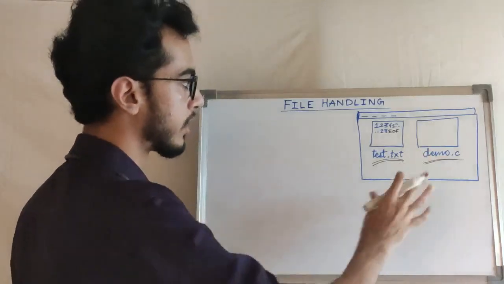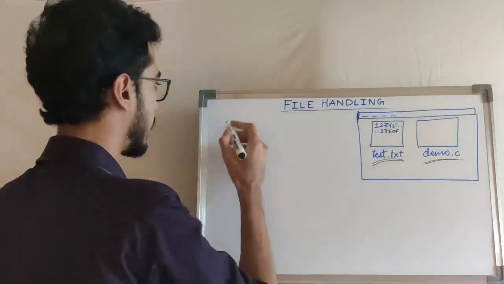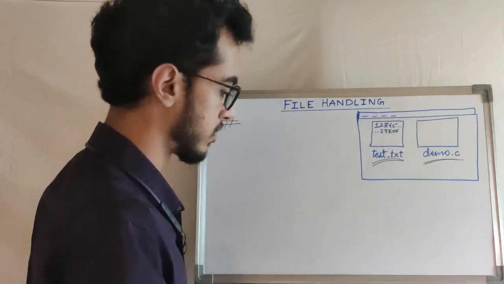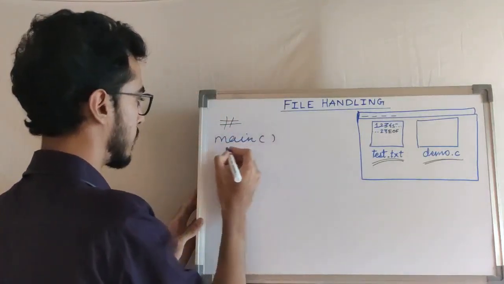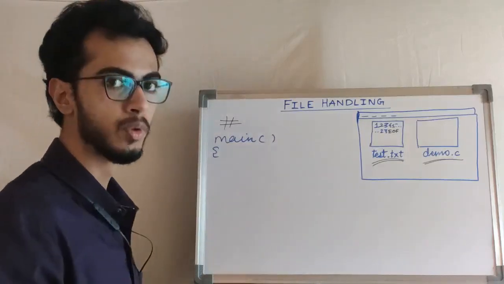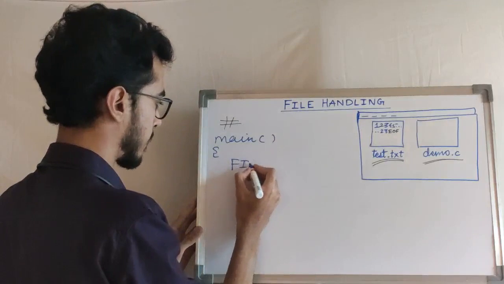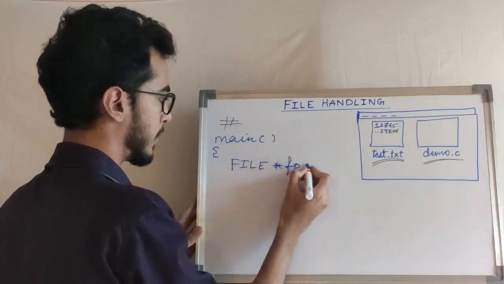So I have my two files already written. Now I will write the demo.c, which is exactly your C program. Firstly, you write the normal #include <stdio.h>. Then inside main, I will have to write FILE *fp.